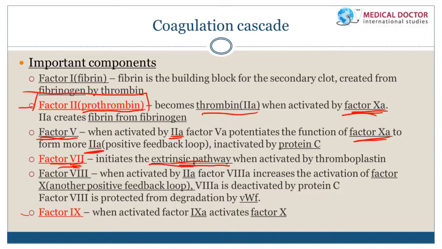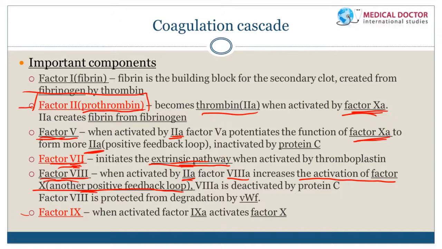Now let's move on to factor 8. We've already briefly mentioned its purpose, but factor 8, when it is activated by activated thrombin or activated factor 2, is going to increase the activation of factor 10.